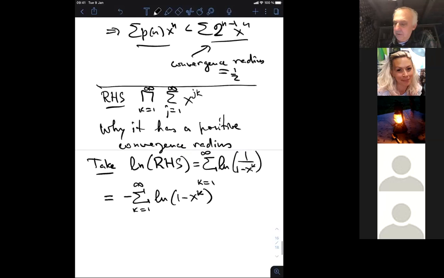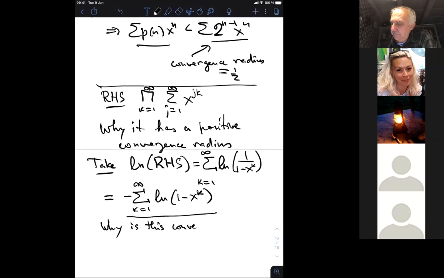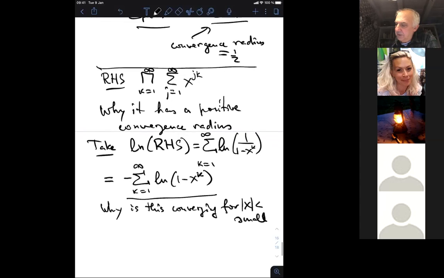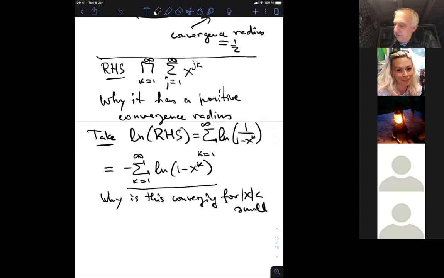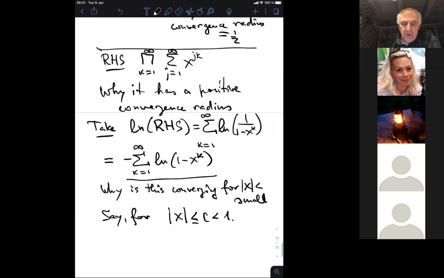Okay, so we want to show that this thing, why is this converging for small absolute values of x? Say for absolute value of x smaller than some constant c, smaller than 1.